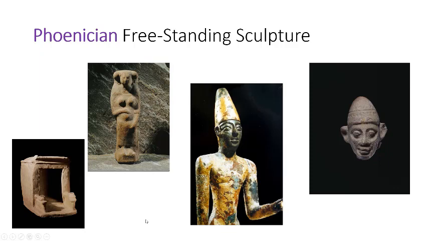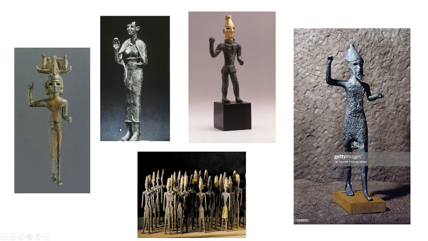Here's a few random examples of freestanding sculpture made of various materials, from terracotta and stone and bronze. Here is a variety of Phoenician statuettes, all made of bronze.